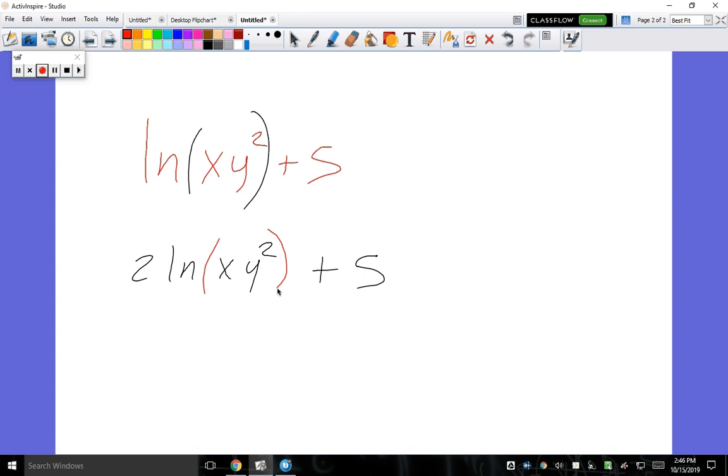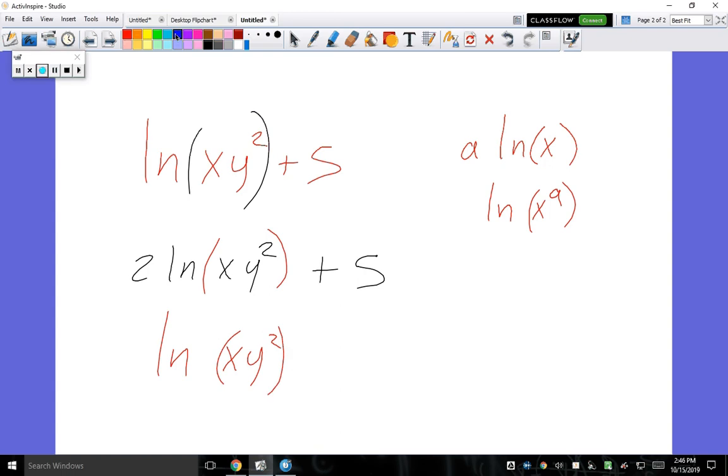And the rule that we just looked at, the rule of a natural log of x to the a being the same as a times natural log of x, this is what you're going to do here. You're going to bring this to be a power of that inside argument.